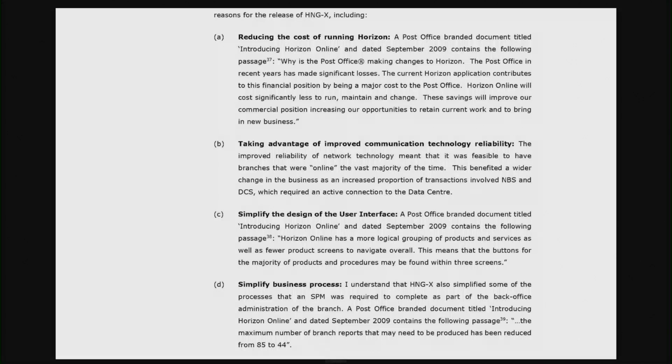Yes, the banking system and the debit card system. Those were the two bits of functionality that required legacy Horizon to be in online mode to operate correctly. With Horizon Online, it was assumed that the communication facility would be persistent indefinitely, and it allowed for those facilities to be available all the time. Thank you.